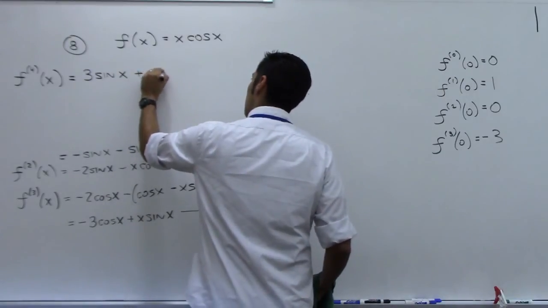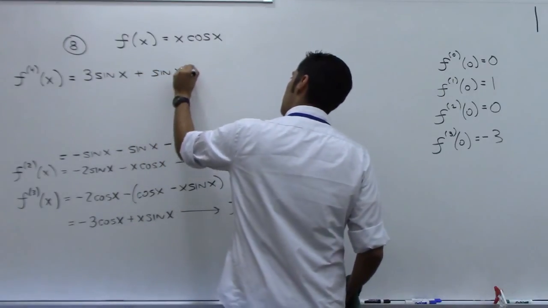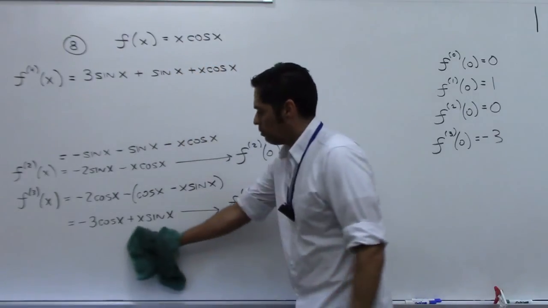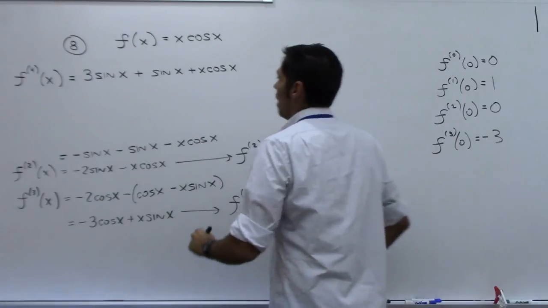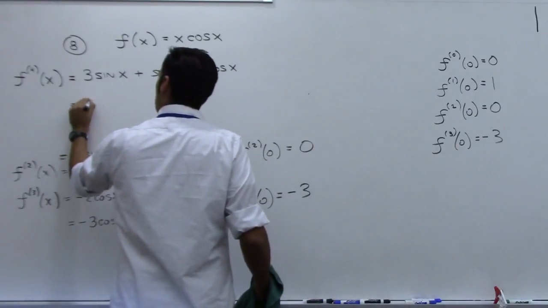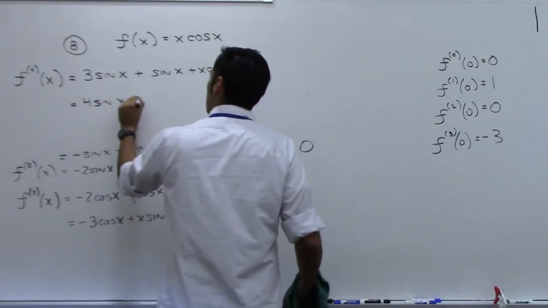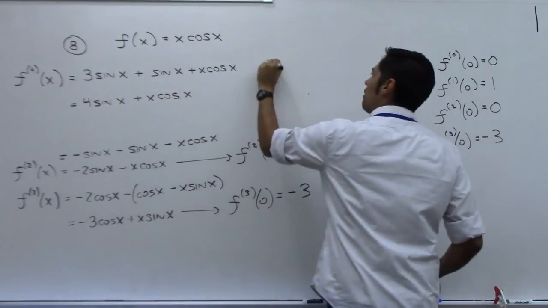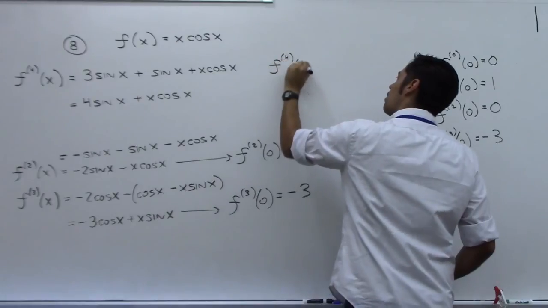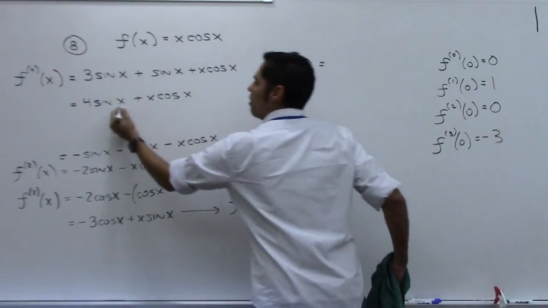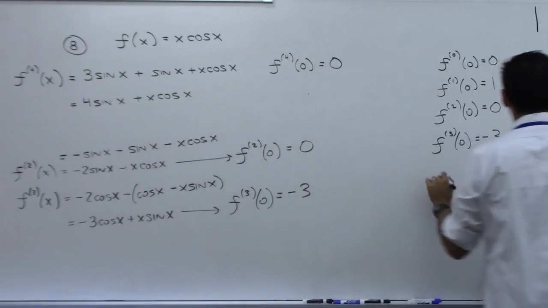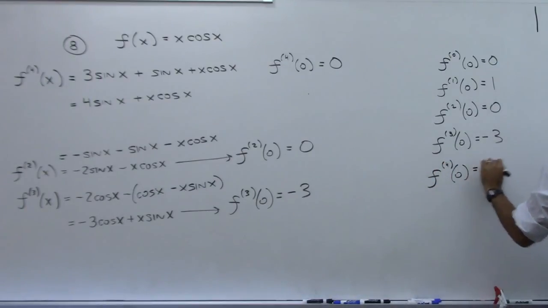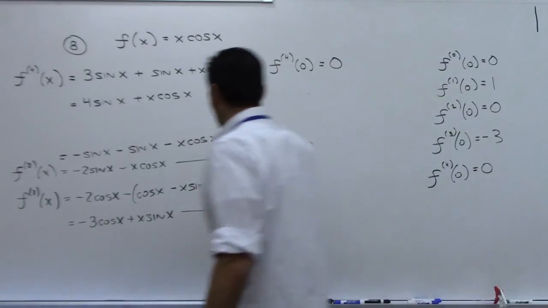It's going to be sine x plus x cosine x. So I had to do product rule on this. And then when I put those together, I get 4 sine x and then plus x cosine x. Now if I take that fourth derivative and I plug 0 in, this is 0, that's 0, so I get 0. So it's exactly like I thought it was going to be. Fourth derivative at 0, 0. And I'll do the derivative maybe one more time.